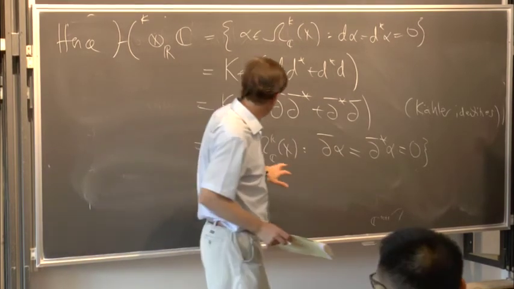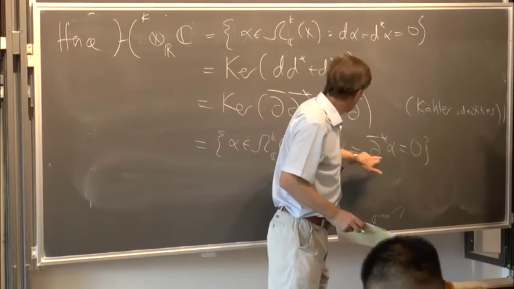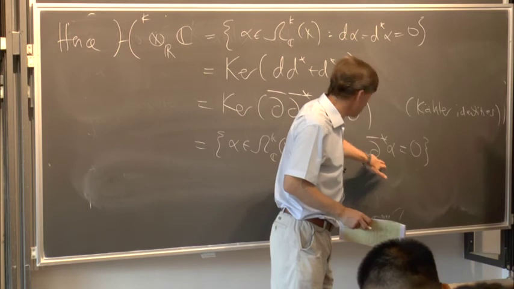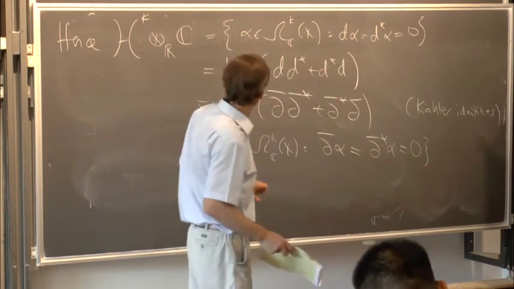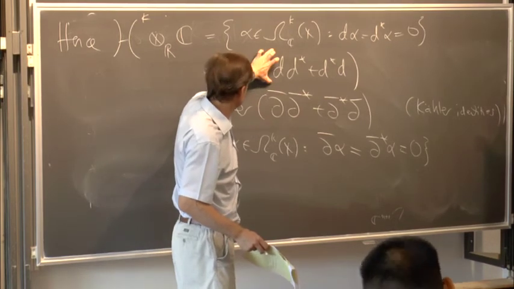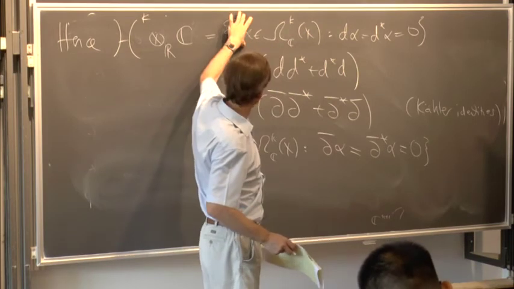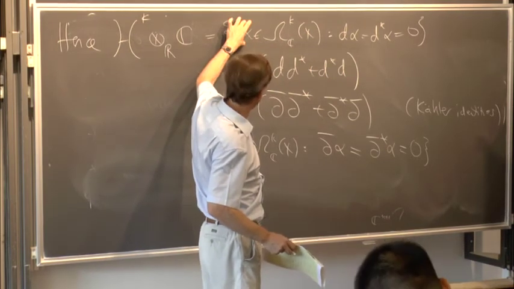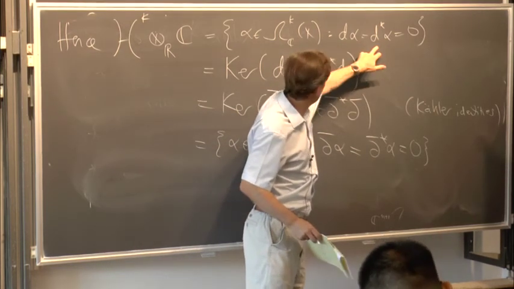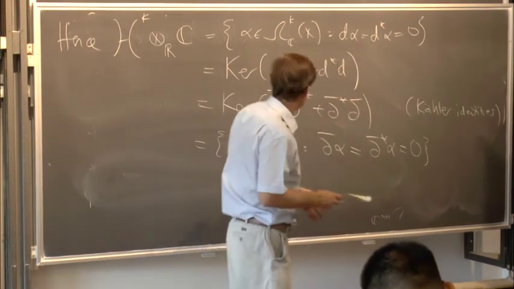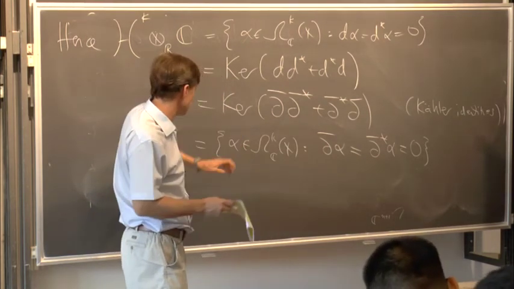If you think about it, for each (p,q) component of alpha, these equations don't mix the different (p,q) components of alpha, although these equations do. In this line, it's not clear that the kernel should be a direct sum of pieces of (p,q)-forms, because the d and d star equations here mix the different (p,q) components. But for this one, the (p,q) components are treated separately.